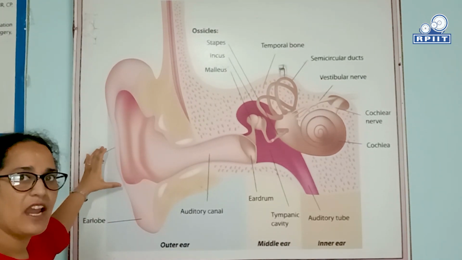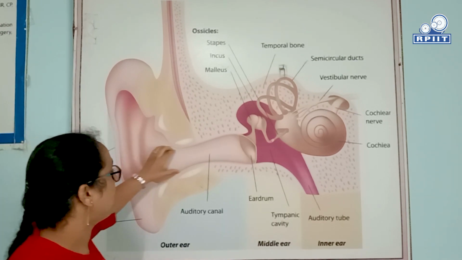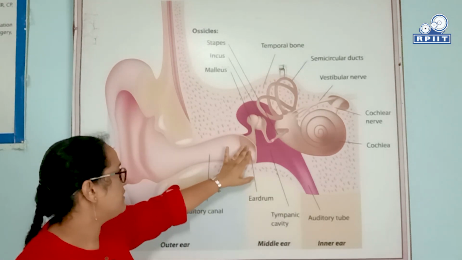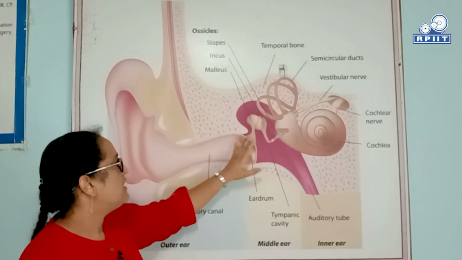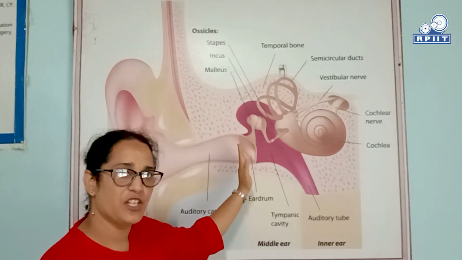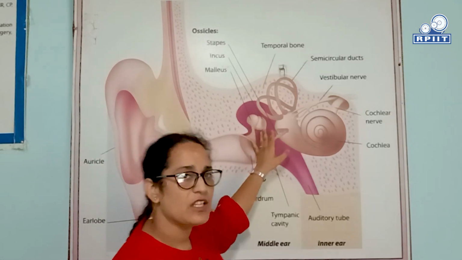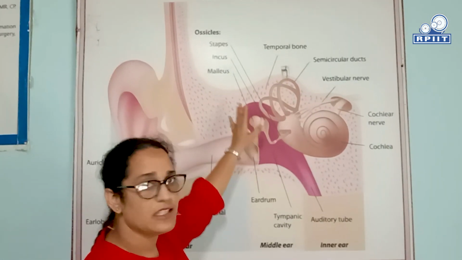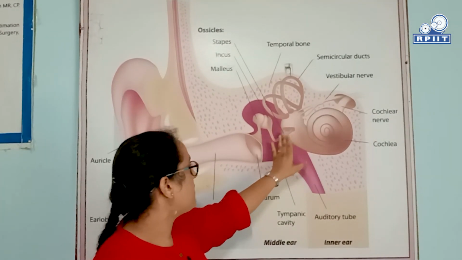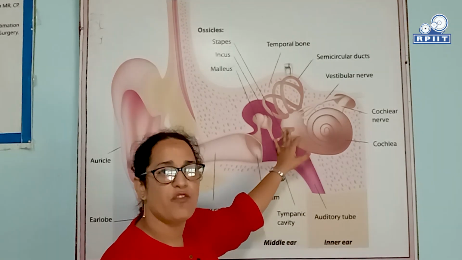Sound waves in the environment are captured by the auricle and transmitted through the narrow path to reach the tympanic membrane, the eardrum. The strike of sound waves produces vibrations in the eardrum. Due to these vibrations, the ear ossicles, which are malleus, incus and stapes, come into movement. The foot process of the stapes is joined with the oval window.